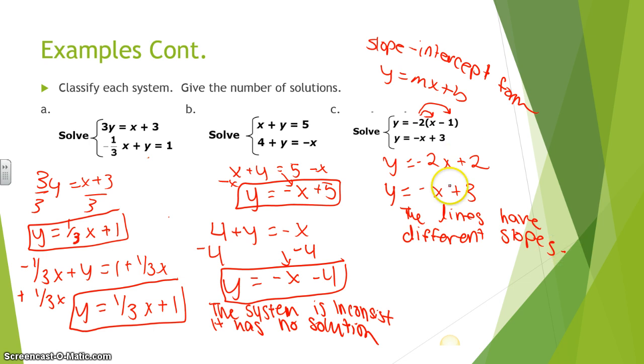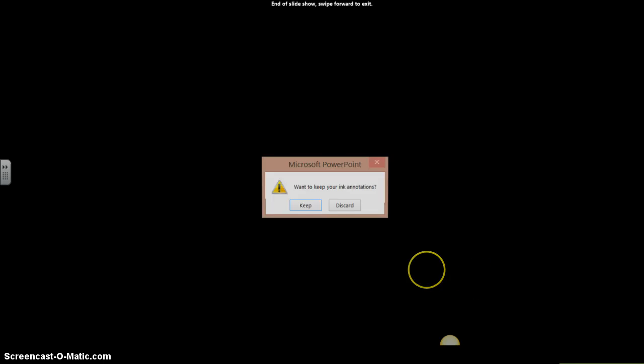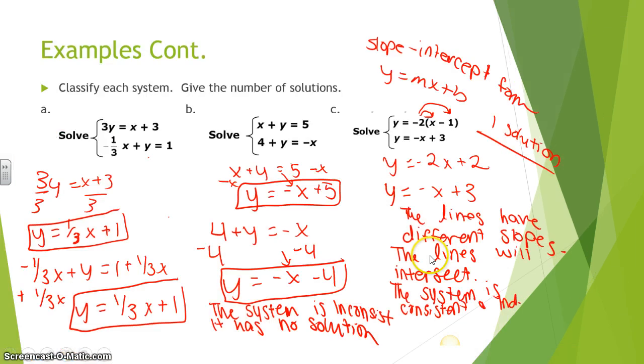So when they have different slopes, they're going to intersect. Since these lines intersect, we say that the system is consistent and independent. And when they do intersect, we say that there is one solution.